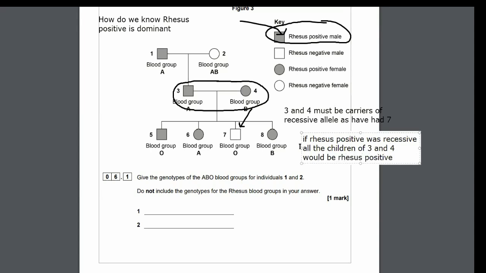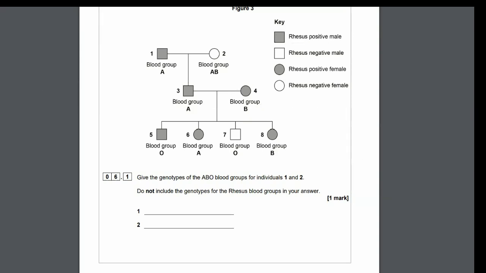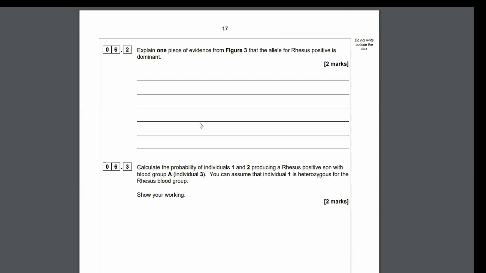They couldn't have rhesus negative children if it's recessive, because both the parents would be little r, meaning how do you produce child number 7 who would have to have a dominant allele? Where did it come from? So we actually know that 3 and 4 are big R, little r, and they produce 7 because the two little r's have come together. So that's the evidence that rhesus positive is the dominant allele, and you can choose whichever bit of that information you want to answer that question.